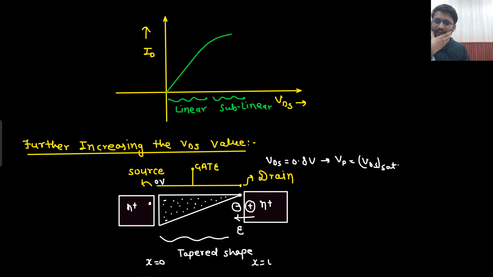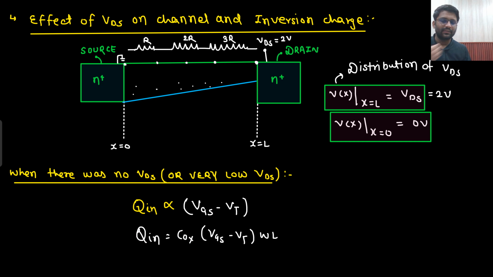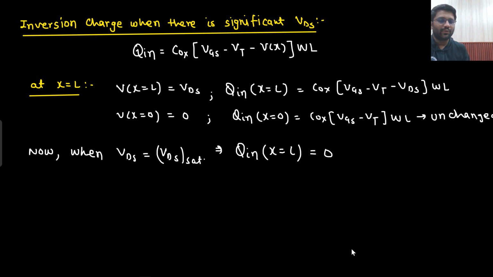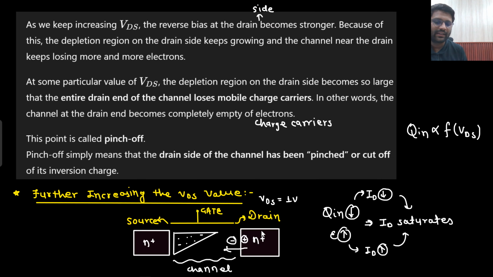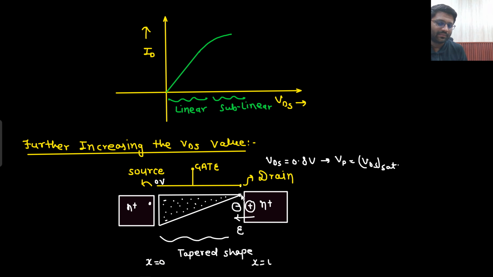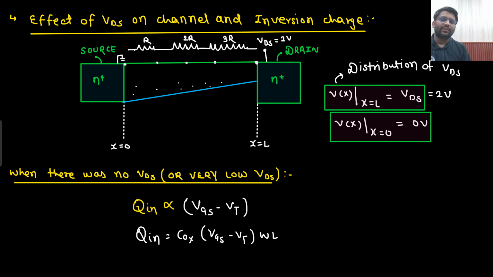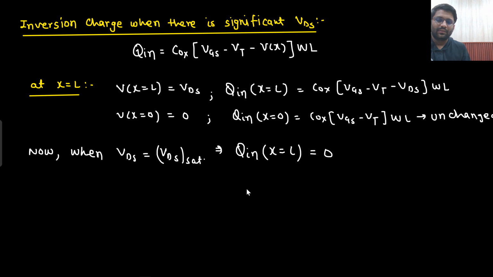Okay, so what I was saying. The inversion charge would become 0, right? When VD set is there, the inversion charge would become 0 at the drain end. So your inversion charge at x equals to L has become 0. What is your inversion charge at x equals to L?